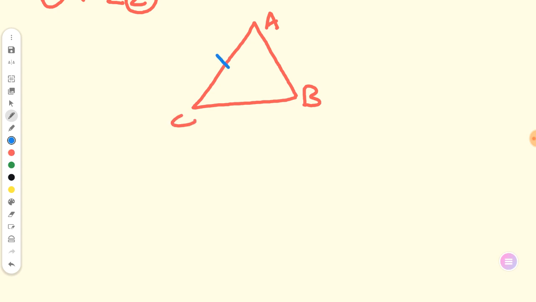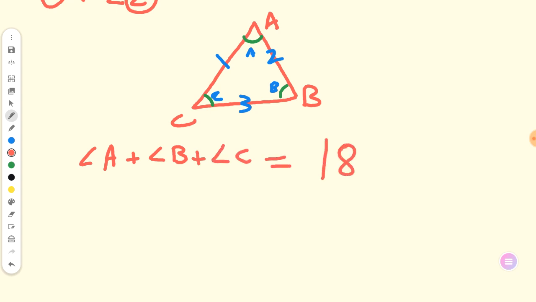Anyway, a triangle always consists of three sides, and we can call it A, B, C. A triangle has three sides, 1, 2, 3, and three angles, 1, 2, 3, and it has a very important piece of information: the sum of these three angles, angle A plus angle B plus angle C, always equals 180 degrees.